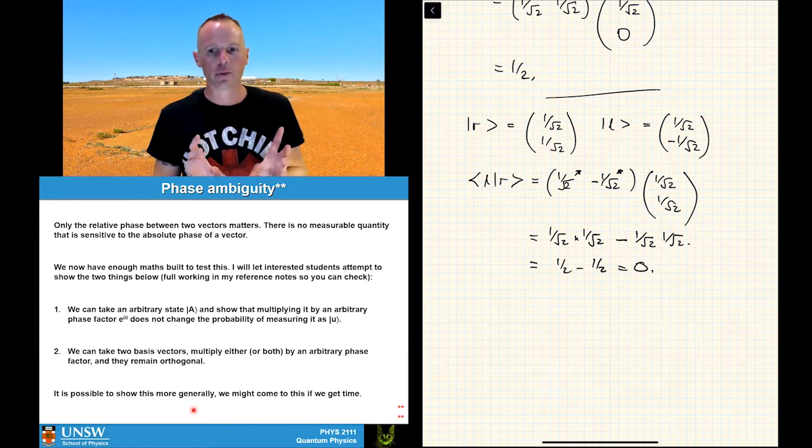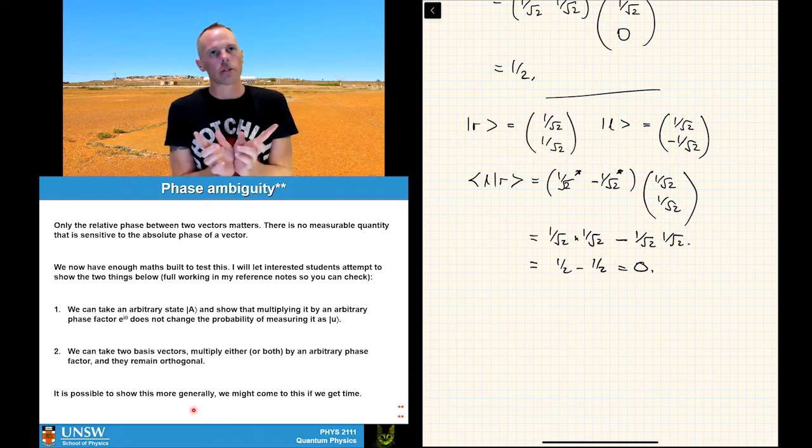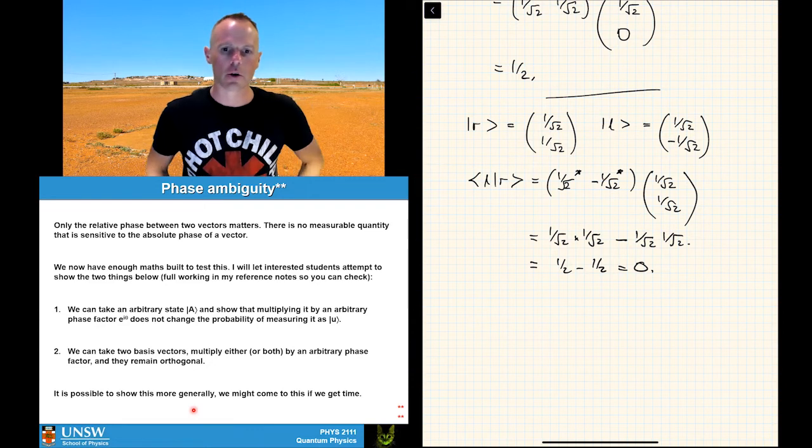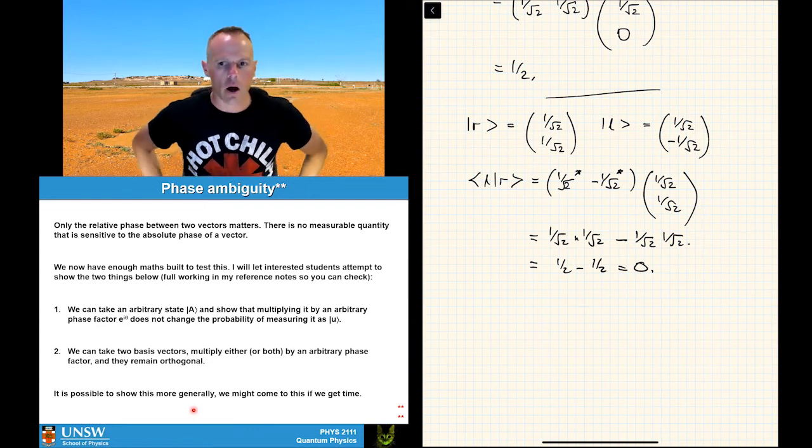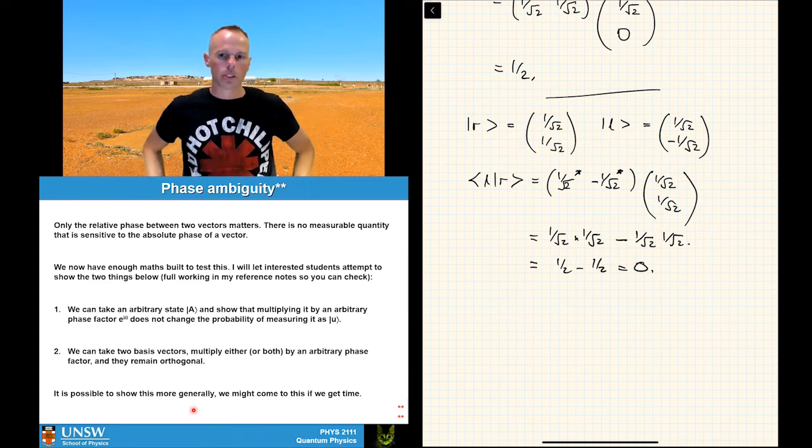One thing that comes from what we just saw in terms of bases, vectors, and projections and so forth is there's ultimately an underpinning concept that's known as phase ambiguity. What that means is that the only thing that really matters in quantum mechanics is the relative phase between 2 vectors, and not the absolute phase of a vector, okay?